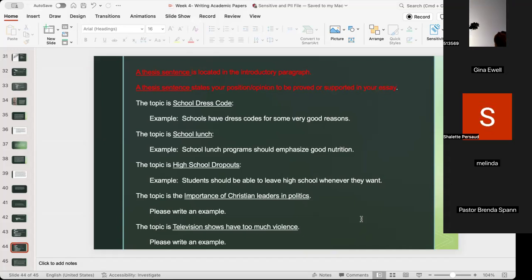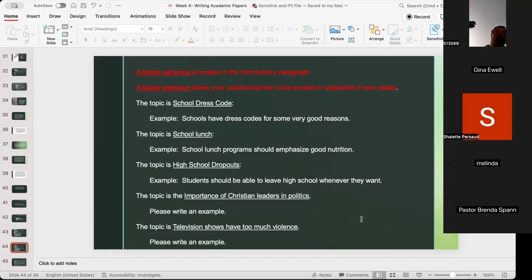Using a lot of lasts and firsts. And then when you start each paragraph thereafter, for instance your second paragraph where you're supporting your thesis statement, that first sentence is your topic sentence.